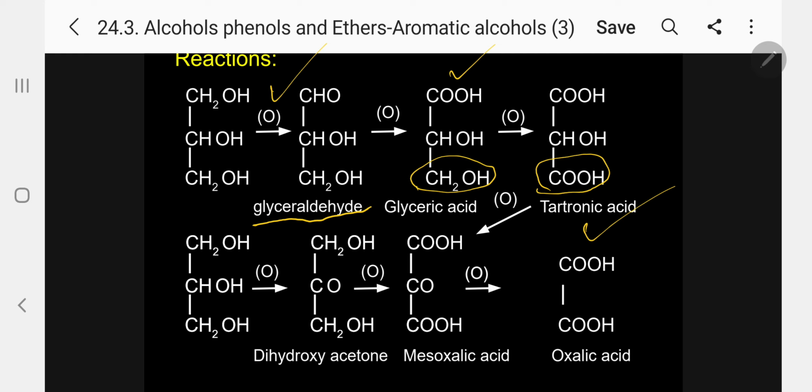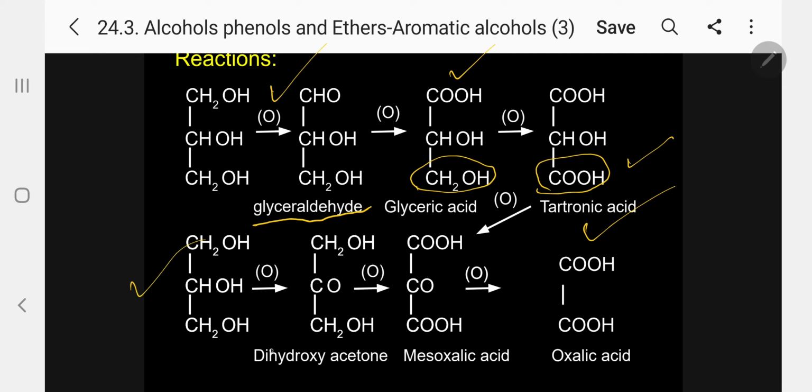So it takes place stepwise: primary alcohol, aldehyde, acid, then another primary alcohol, again aldehyde. First glyceraldehyde, glyceric acid, tartronic acid. This is one way. Now I am taking another way, kindly follow.